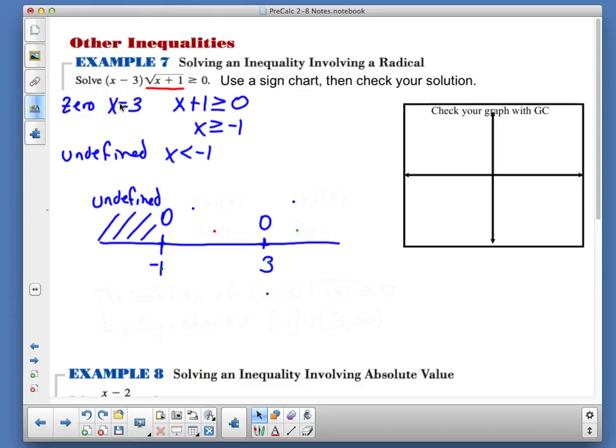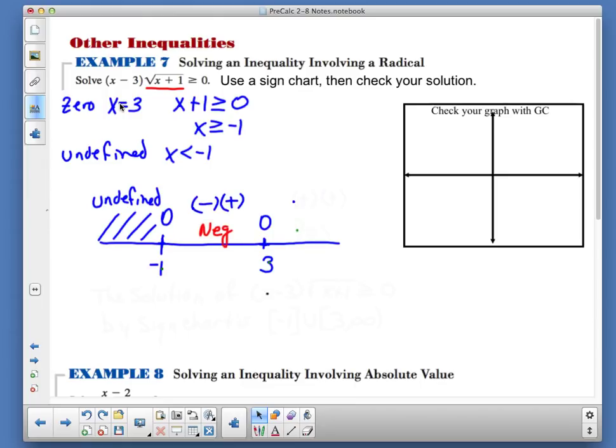And now I'm looking at the function itself, and I'm thinking about a number between negative 1 and 3, which is 0. So I pop 0 in for x here, and I've got a negative value, and I put a 0 in here, and I'm going to have a positive value. So I got a negative and a positive, and their result is negative.